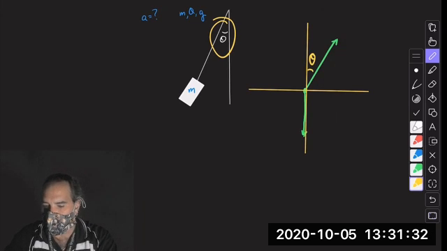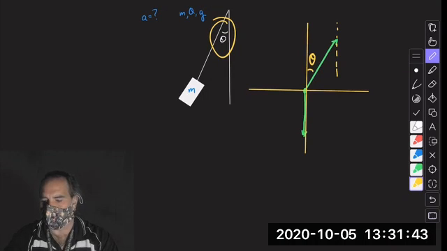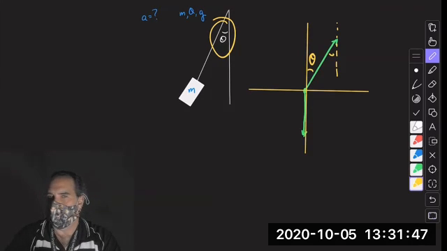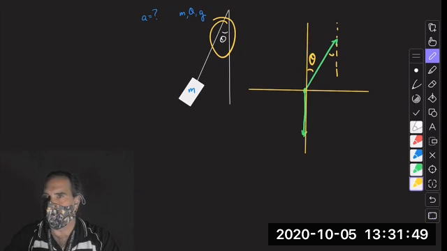If I was to draw the vertical there, those two thetas would have to be the same. You guys remember that, right? Actually, these aren't vertical angles. These are alternate interior angles based on the old geometry stuff.